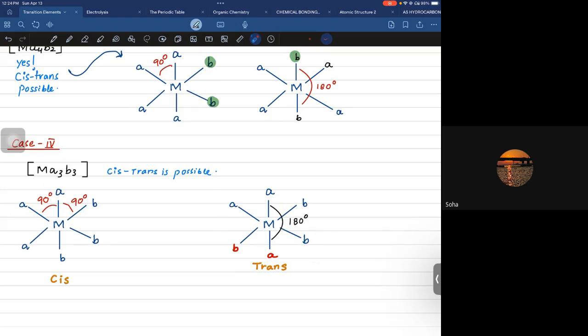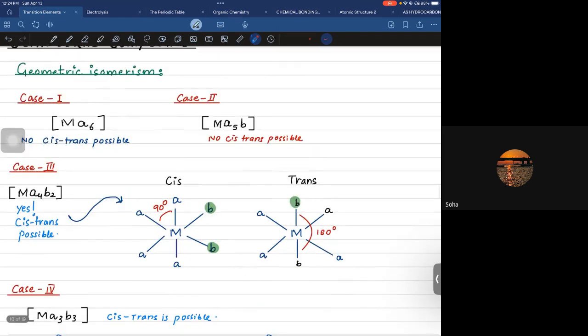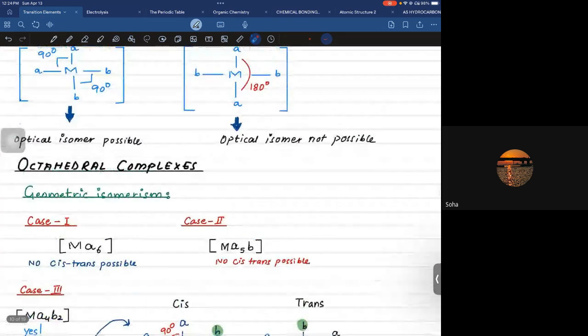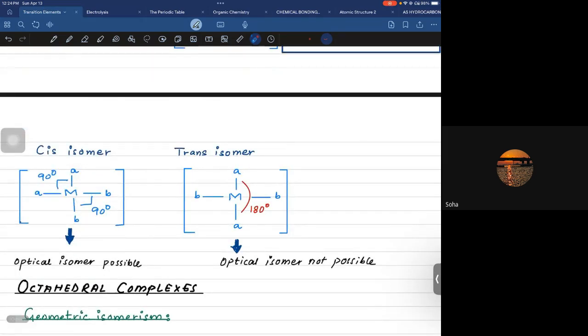But remember, you can't see cis-trans isomerism in a tetrahedral complex. This is an important point. You know why?